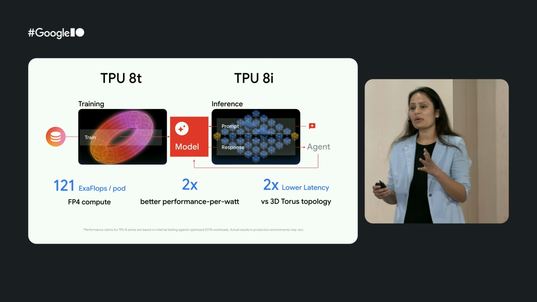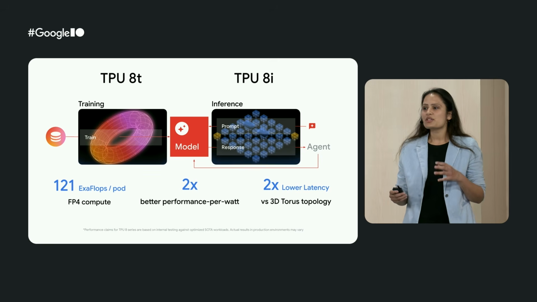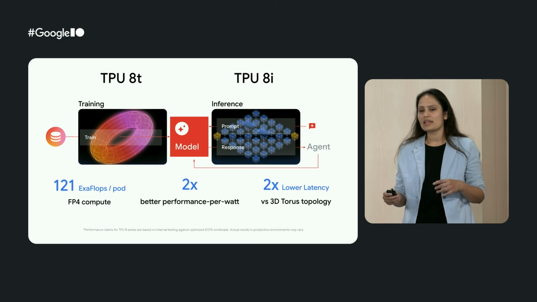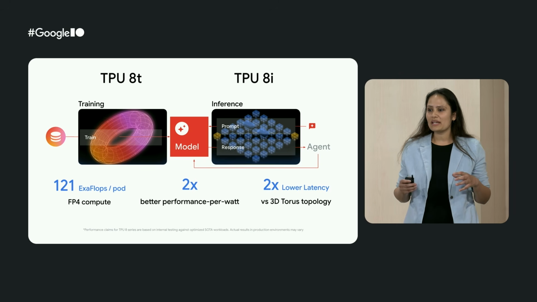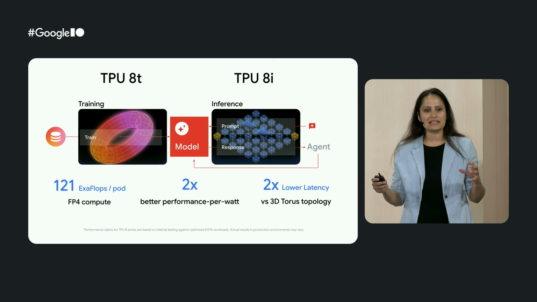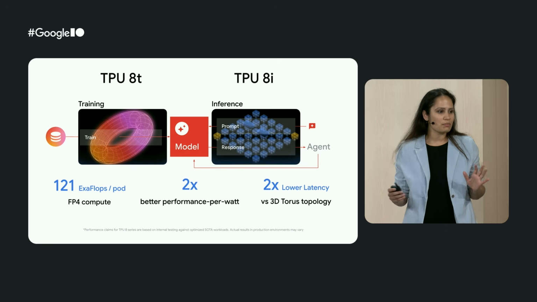TPU 8T is highly optimized for large-scale training workloads, so the focus here is on things like maximizing your throughput and scaling efficiency. And TPU 8i is great for inference workloads, so the focus is on things like low latency and cost efficiency. So we are moving away from one general-purpose system into hardware that is specialized for the needs of different types of workloads. But hardware is just one part of the puzzle.